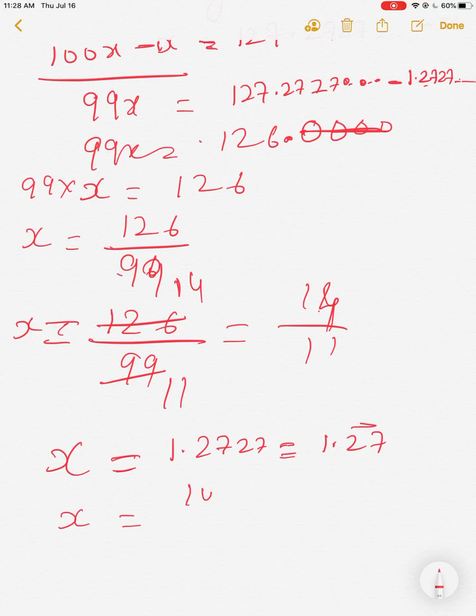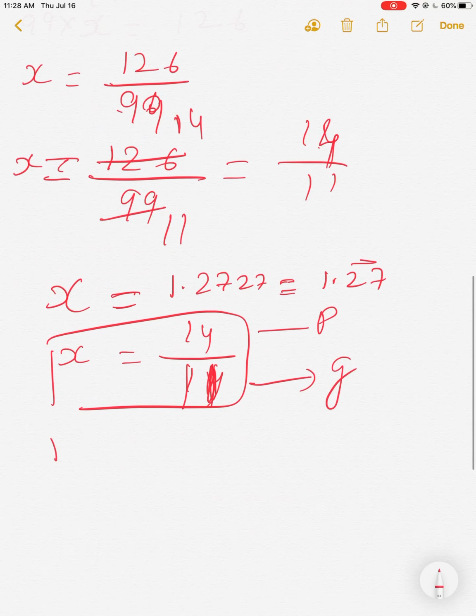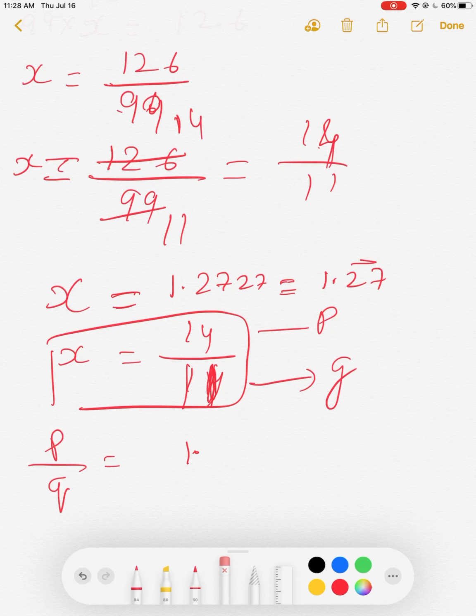This value we have got as 14 upon 11, where P is equal to 14 and Q is equal to 11. So in P upon Q form, 1.27 recurring is equal to 14 upon 11.